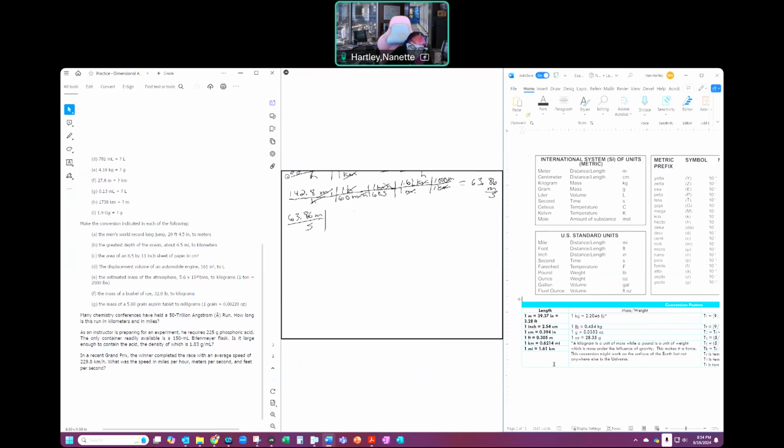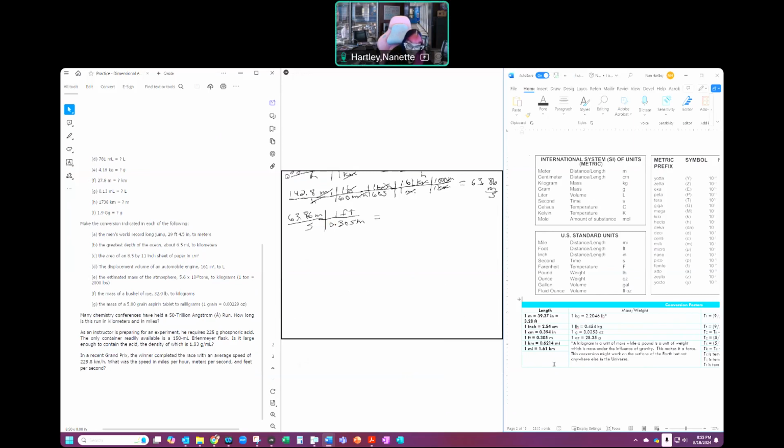Okay. I need to get to feet per second. So my time is fine. I need to know how many meters and feet. I want to get rid of the meters. I see 1 foot equals 0.305 meters. That's in the length section. So 0.305 meters is 1 foot.